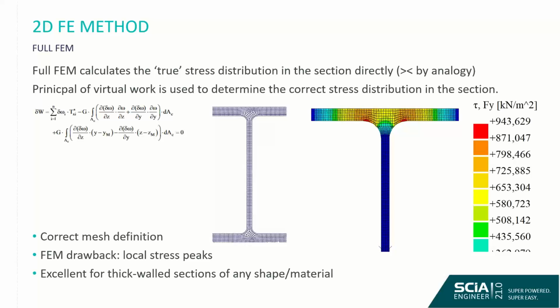It's called full FEM because it's going to do an actual finite element analysis. As we know SCIA does as well for your structures, but this time it's going to figure out how the stress is distributed when a certain force is applied to the section.